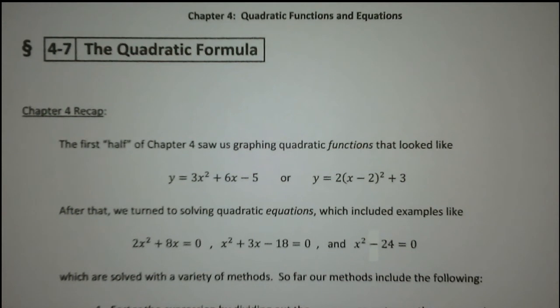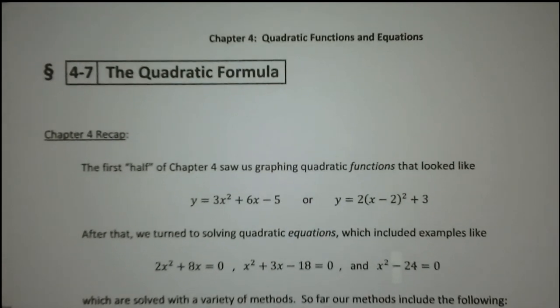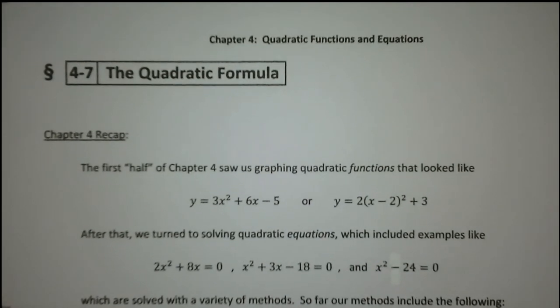Alright everybody, now that section 4-5 is sort of in the books for now, we can move on to 4-7. Again, the order that we're doing all this stuff in is kind of important. We're going from 4-5, and next we're going to do 4-7.